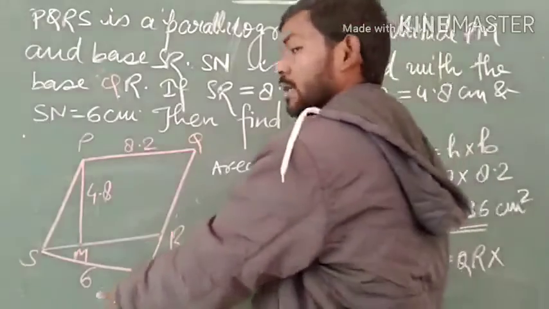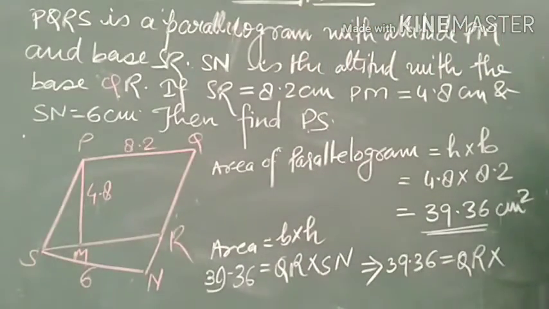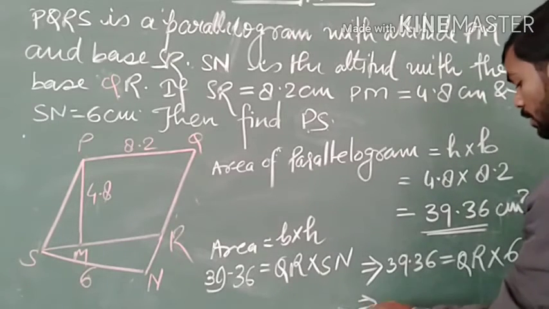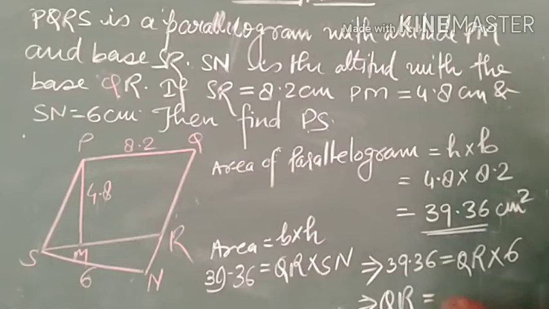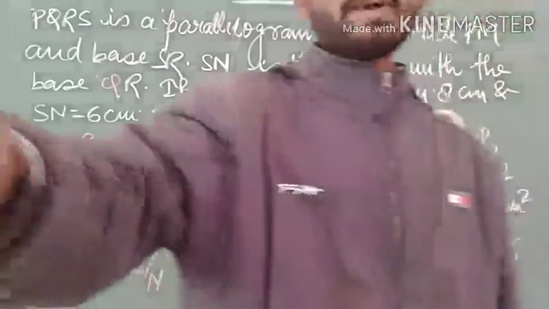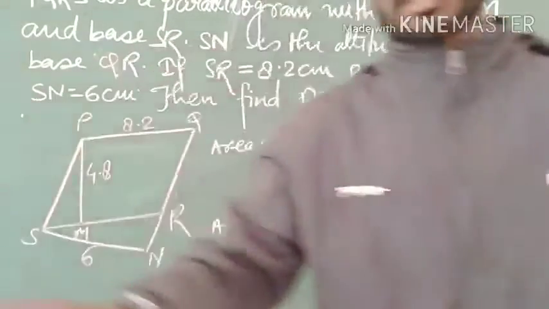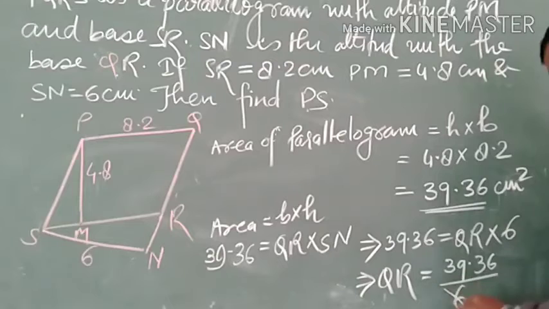The value of SN is 6 centimeter, so we write multiplied by 6. Now we get QR is equal to 39.36 divided by 6. When we divide, we get the result 6.56 centimeter.